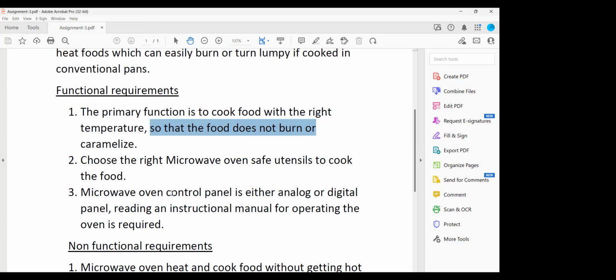Let's come back to the inside of your microwave. There is a glass round, circular disc, plate, where you keep your food. It's a rotating table.